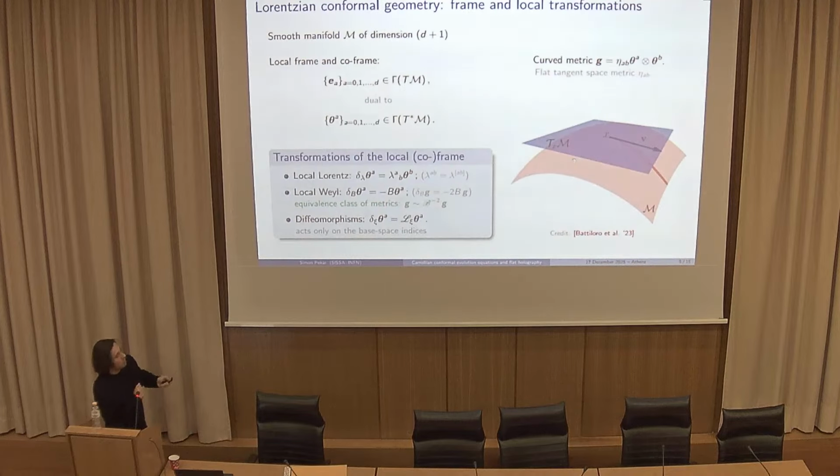So one way to think about this as a local symmetry is to remember that we are not going to look at one particular metric in our Lorentzian manifold, but at a conformal class of metrics. And this transformation is given by this Weyl factor here. And as usual, we also have diffeomorphisms acting on the curved indices and not on the tangent indices.